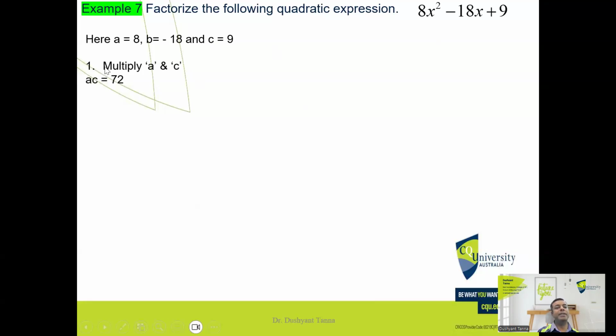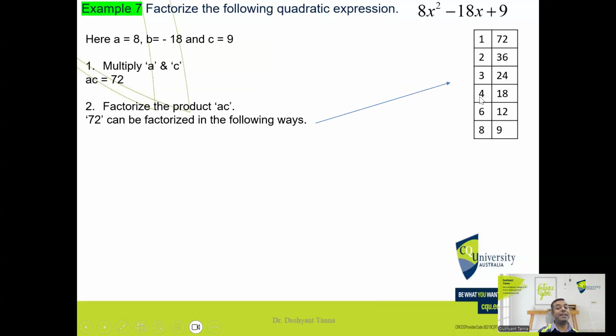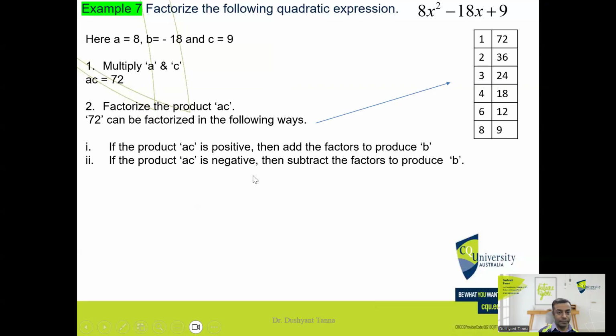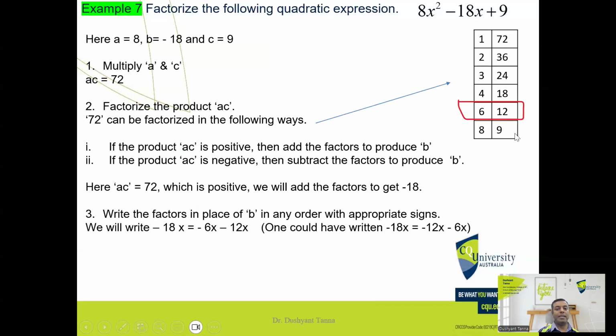A, B, and C, multiply A and C, 72. How would you factorize 72? There is a table here, and they are in order. 1 and 72, 2 and 36, 3 and 24, 4 and 18, 6 and 12, 8 and 9. It's positive in our case, so we'll add the factors, right? So 6 and 12, that means minus 6 and minus 12 as well.